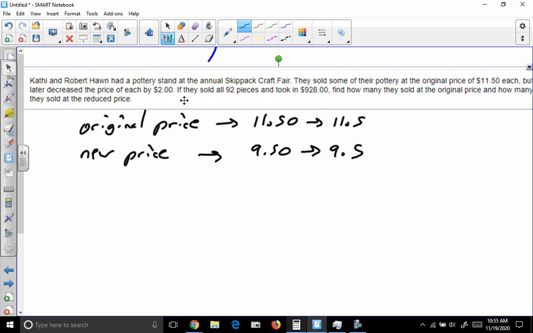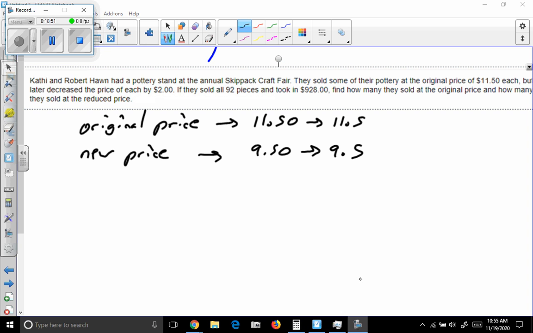So they say if they sold 92 pieces and took in $928, find how many they sold at the original price and how many they sold at the reduced price.